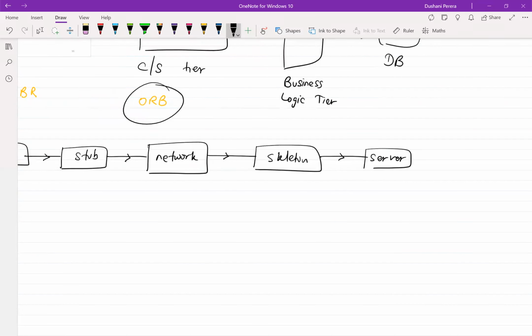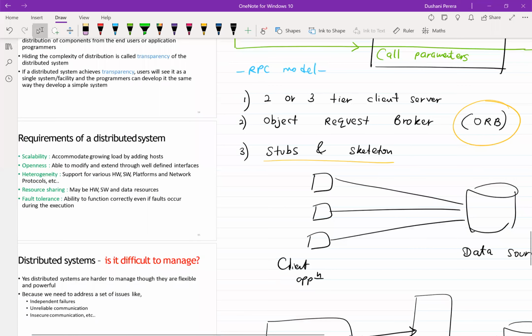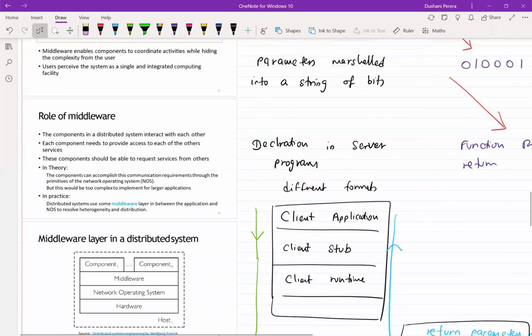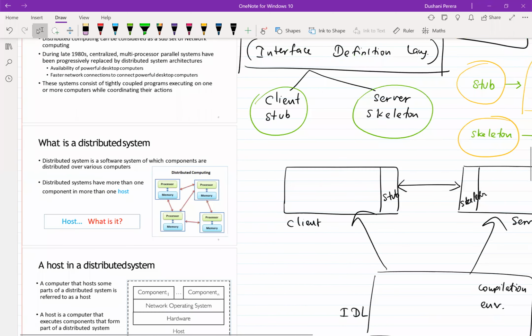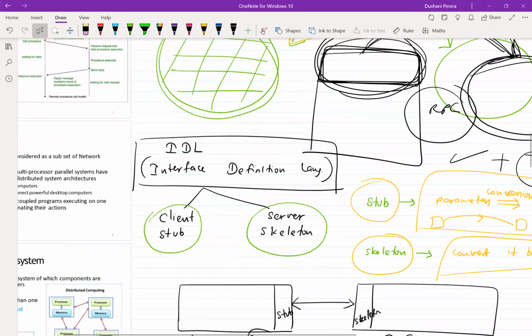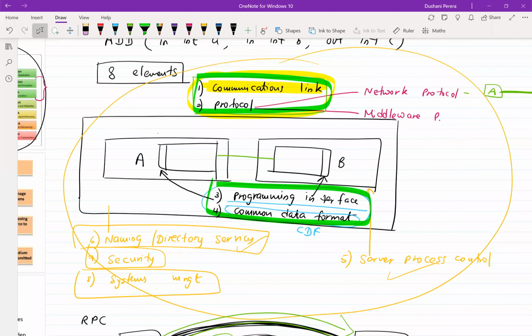Okay, right. So so far we started with talking about centralized and distributed and network systems, and then we spoke about middleware.